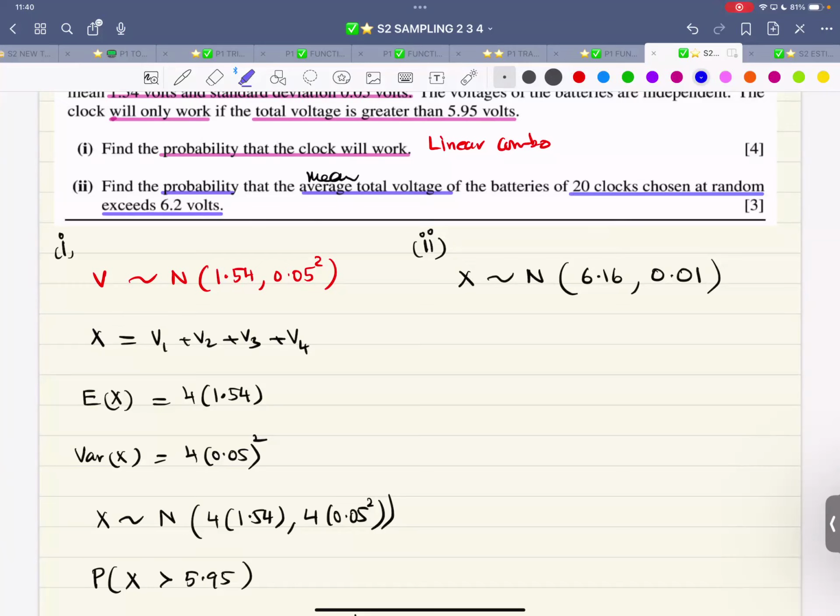That means we took this thing from there. We will put in X bar. We would divide by what? We would divide by 20. So the total is taken, but we are doing sampling of that total. Therefore, probability X bar is greater than 6.2.